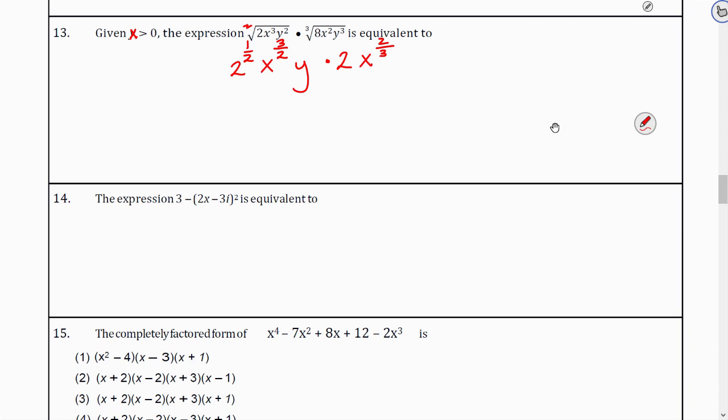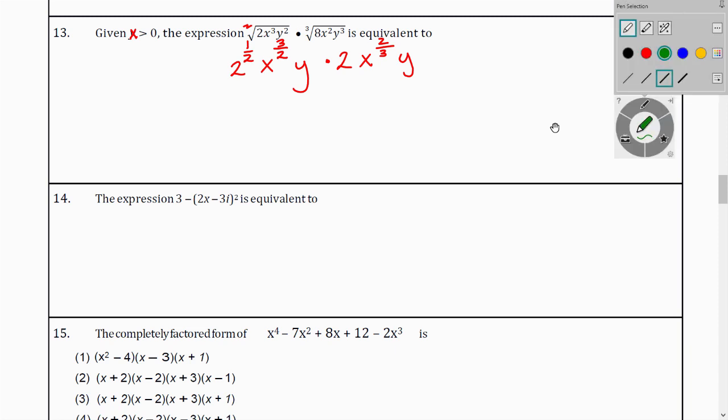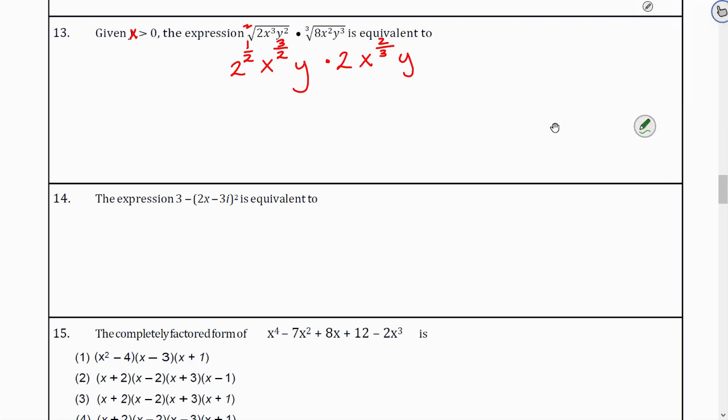And for y, I have the cube root of y cubed, and that means y is the thing that if I cube it, I get y cubed. Now combine like terms. It's not exactly combining like terms, but it feels like that. I'm combining the same bases together. The rule of exponents is when you have the same base, you add the exponents when you're multiplying.